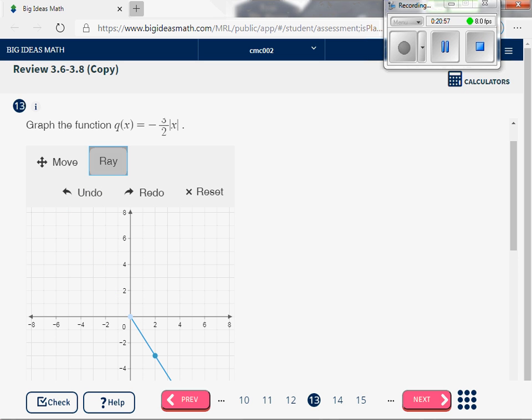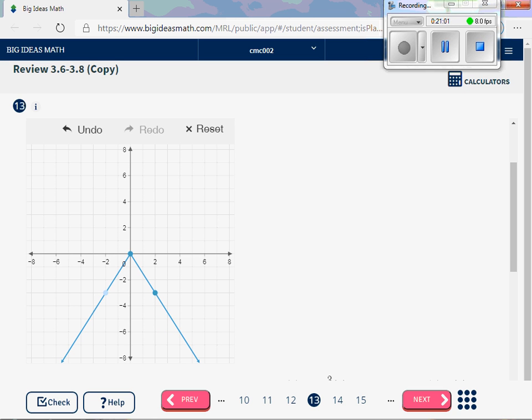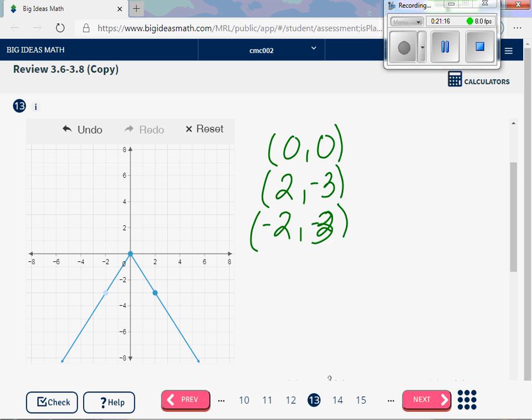And the other side, if we found our points, would be at -2, -3. So really the points we used were 0, 0, 2, -3, and -2, -3. And we really got those just from plugging those numbers in. If we plugged all 5 in, we would get these points.